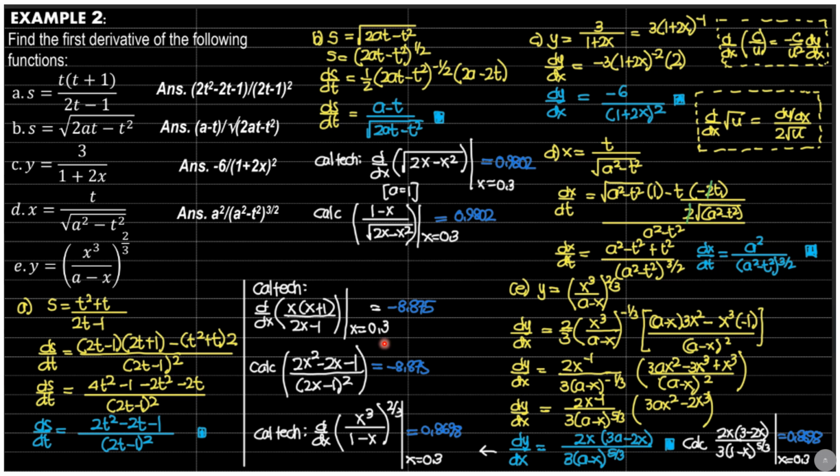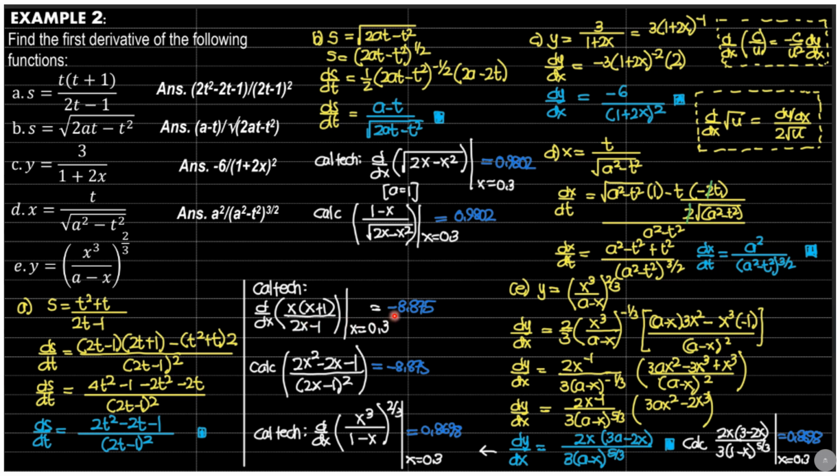So we only consider values that will make the denominator non-zero. So 0.3 is fine for this case, but 0.5 will give an answer of math error on your calculator, because when x is 0.5, this denominator will be 0.